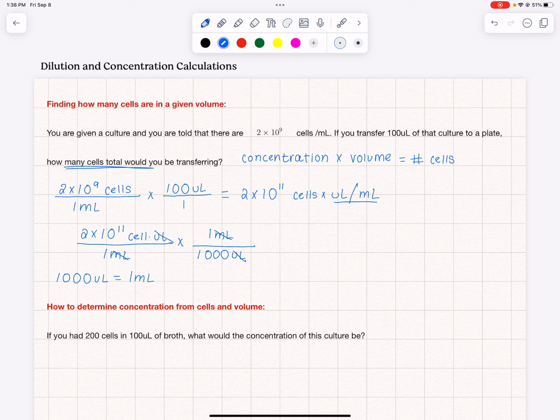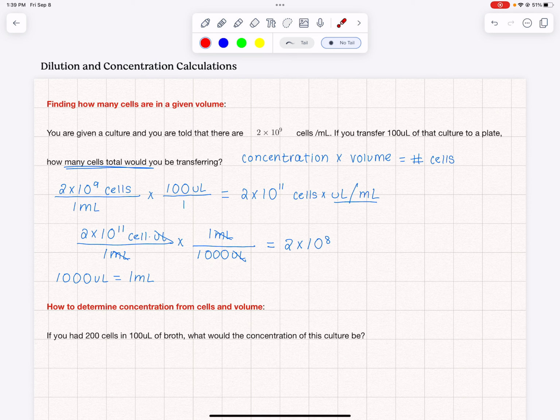And thus, what we would end up with would be 2 times 10 to the 8th. Now, how I got that number is because instead of multiplying times 10, which would increase our exponent to 11, by dividing by a series of tens, in this case, we could also think about 1,000 as 10 times 10 times 10.